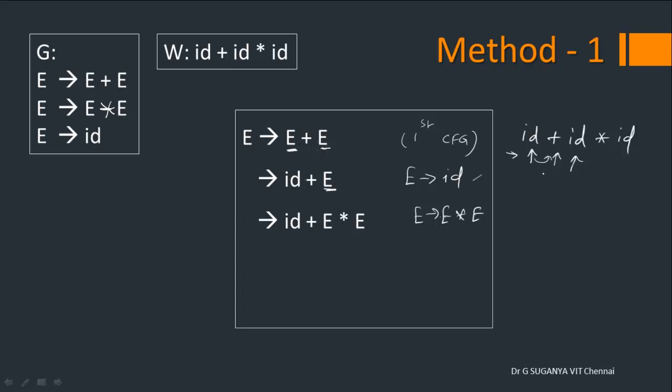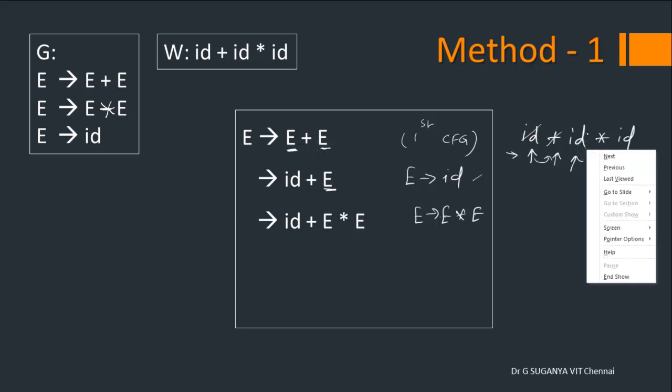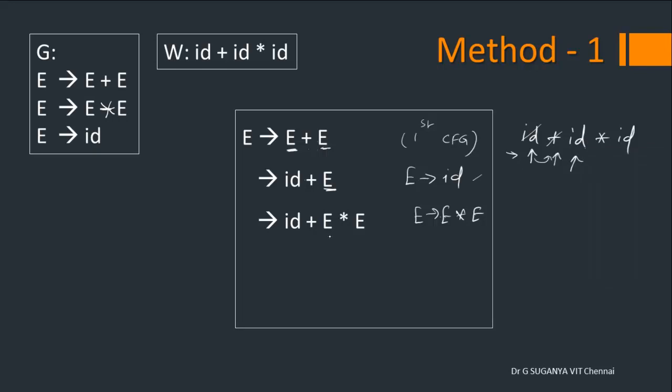Now these two input symbols are matched, and your input pointer is here. Now we can see there is a non-terminal over here, so we can substitute E with id using the production E gives id. So we'll be left with this.